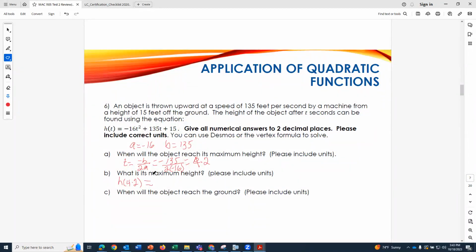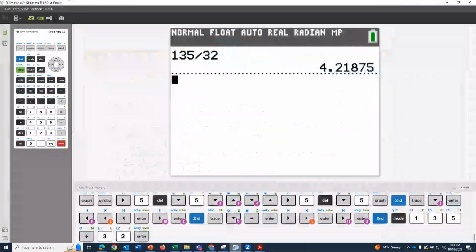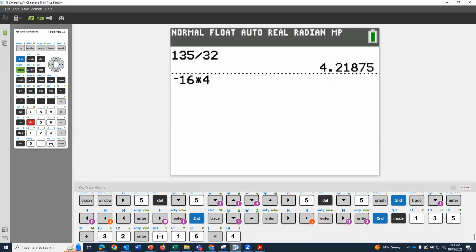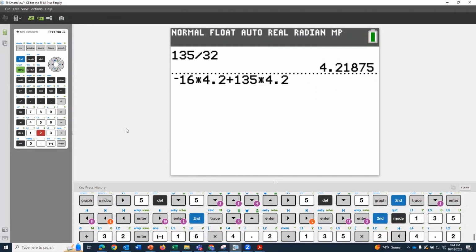That means let's go back to the online calculator here. I have negative 16 times 4.2 plus 135 times 4.2 plus 15.